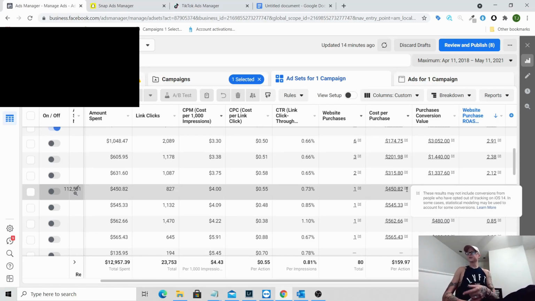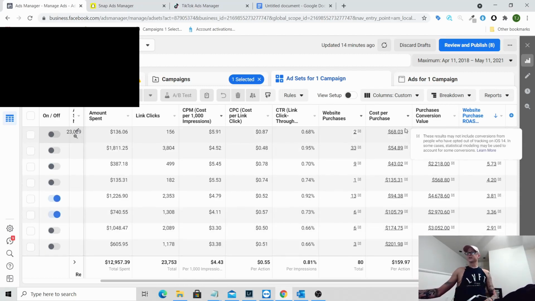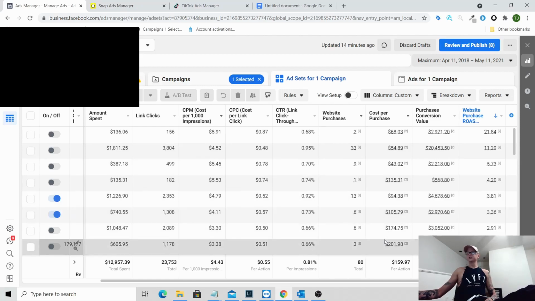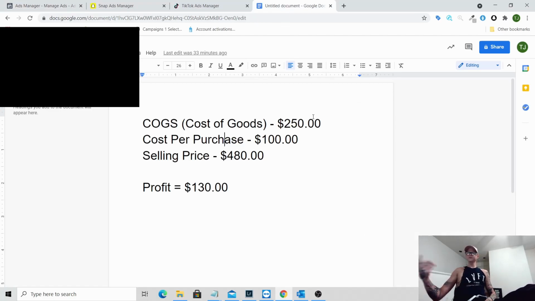So I believe he turned these back on and let them run for another couple $100. But you can look at the top here, and we can determine that a cost per purchase is roughly $100, right? So if we calculate it up based on the cost of goods, based on the selling price at the time, based on the cost per purchase, the profit is $130, razor thin profit, right?